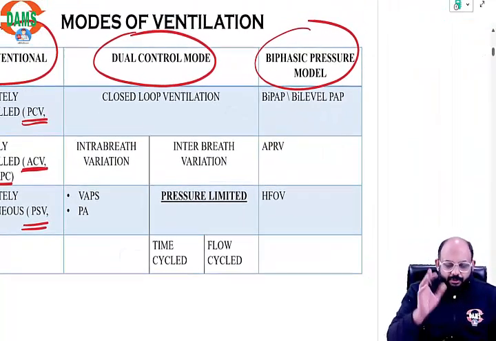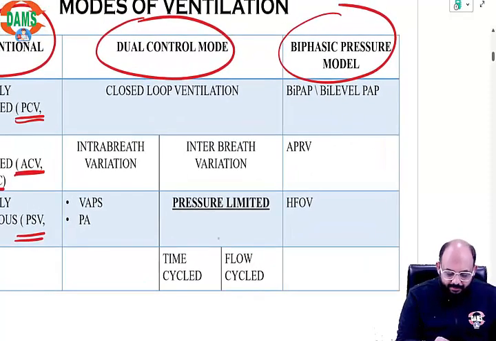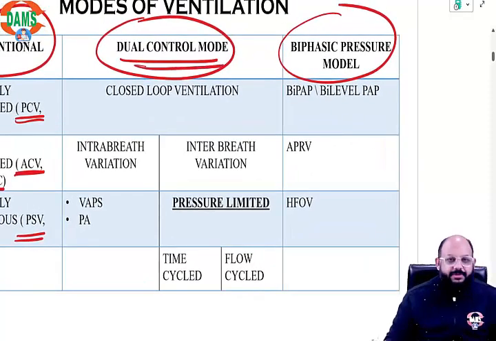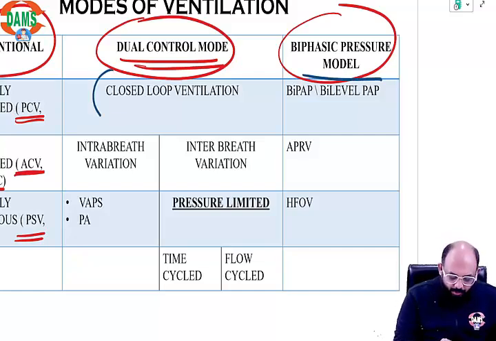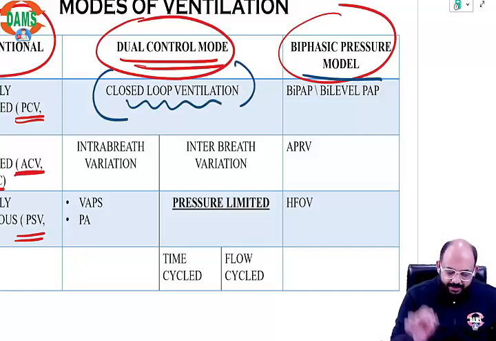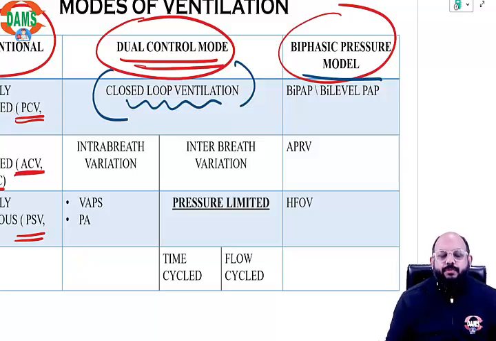Then you have the newer modes of ventilation, which can be dual control mode of ventilation and biphasic mode. Now the dual control mode of ventilation has a very important component called closed loop ventilation. What is closed loop ventilation?